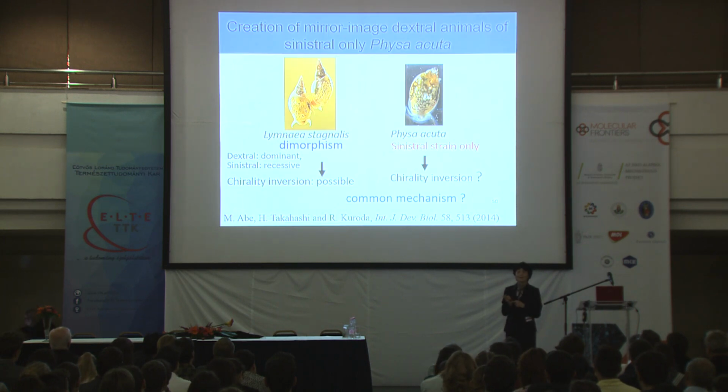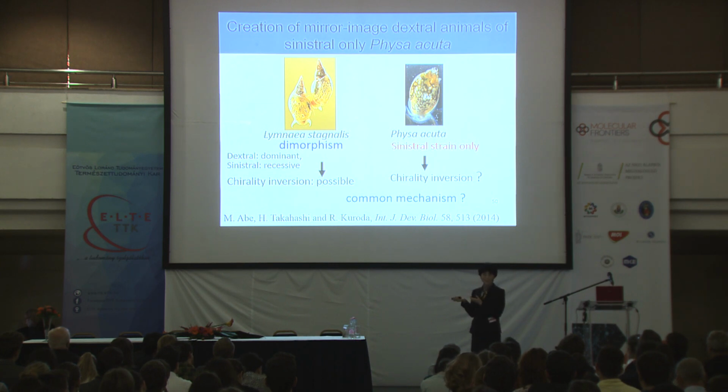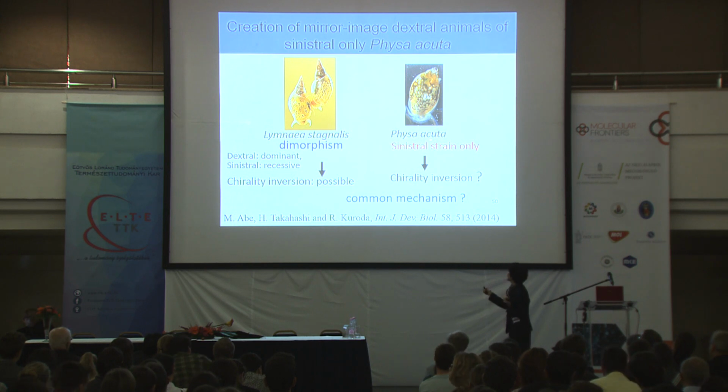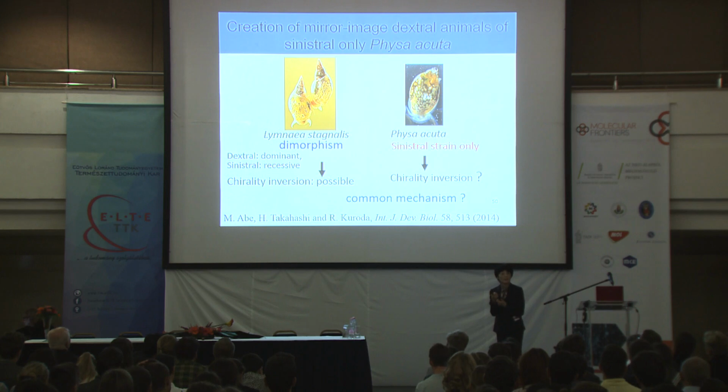Then I thought, well, I'm working on Lymnaea stagnalis. That is 98% dextral, 2% sinistral. That means there may be some potential to flip and change the chirality, because within a species you have both handedness. So I did the same work for Physa acuta, which is sinistral only. Can we do the same thing?